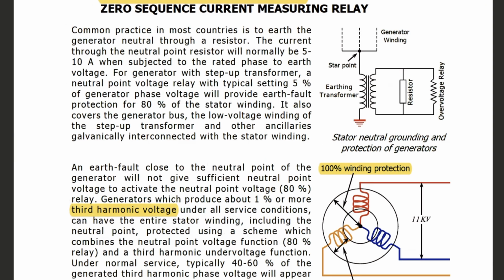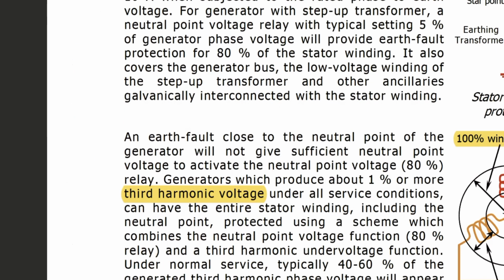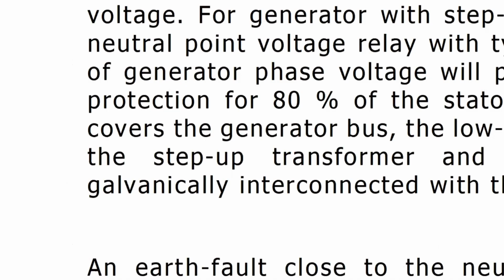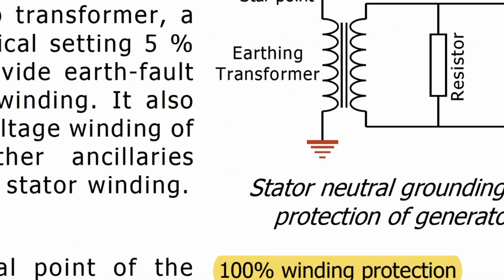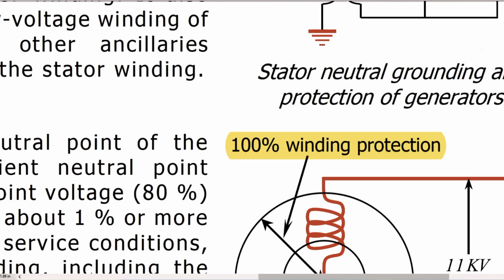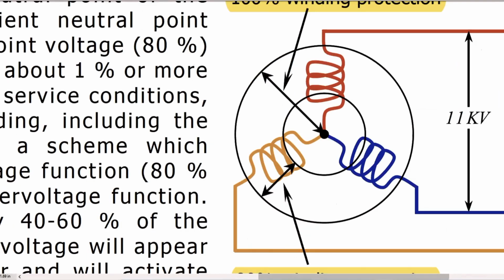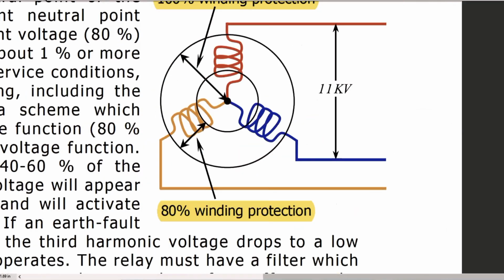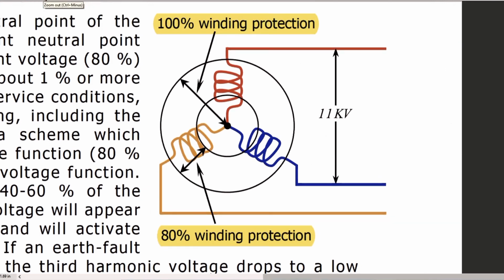One circle is inside, the other circle is covering all the generator winding. Okay, so I have drawn two circles. The outer circle is covering the 100%, and between the inner and the outer circle is covering the 80%. So this is the 80% winding protection.